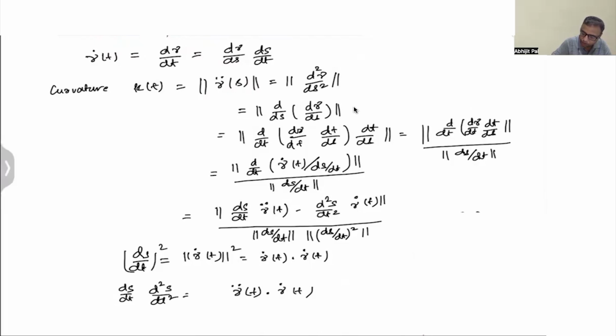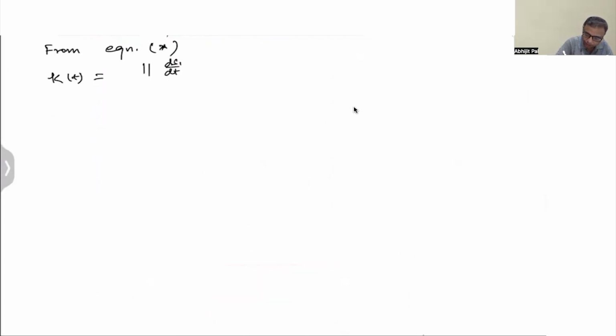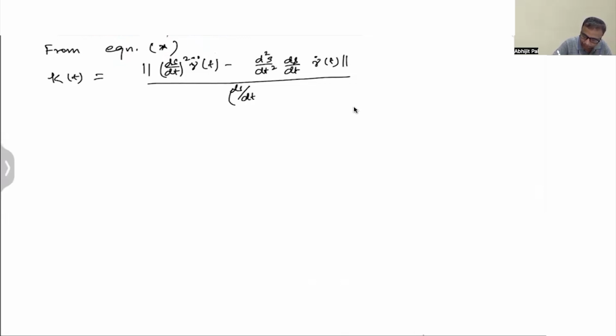I can multiply the numerator and denominator in this equation by ds/dt. Then we'll have (ds/dt) whole square times gamma double dot(t) minus d2s/dt2 ds/dt times gamma dot(t), close the norm, divided by ds/dt to the power 4.